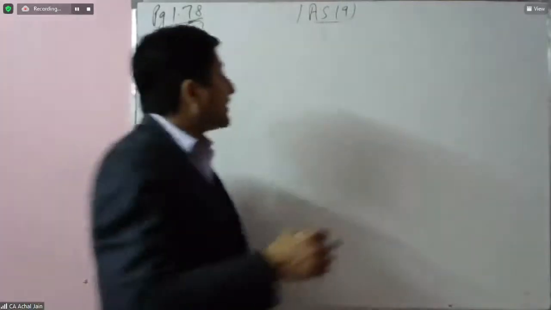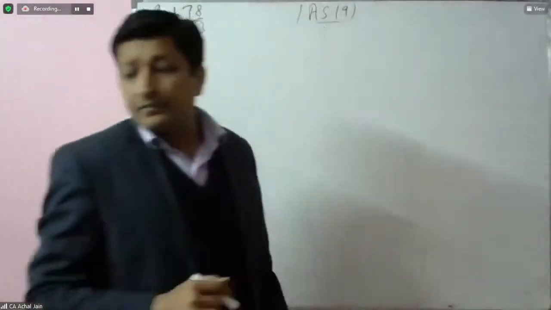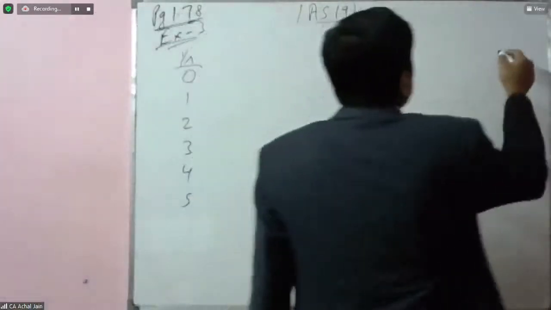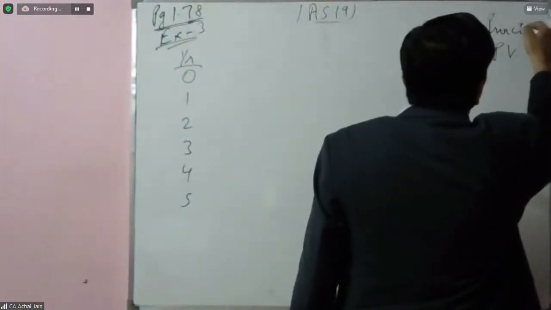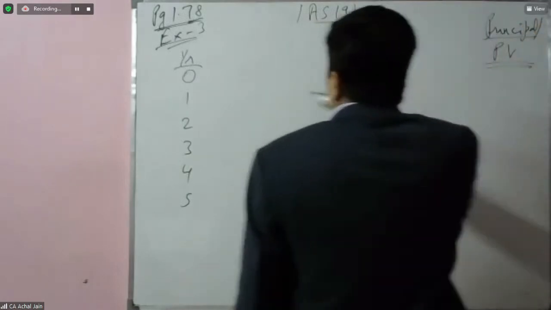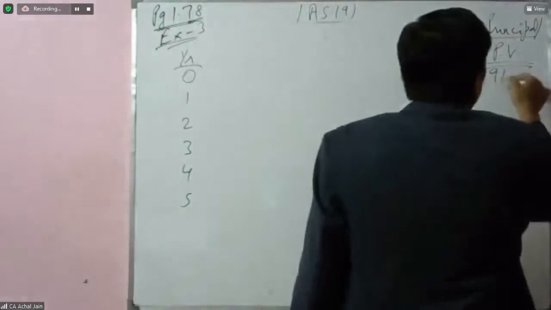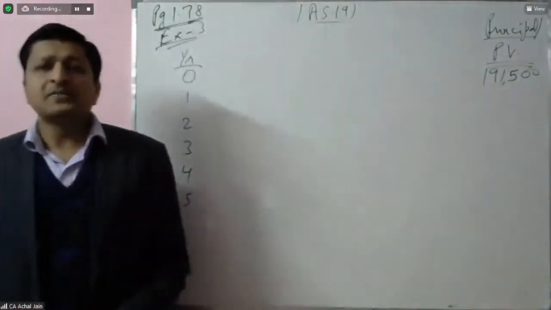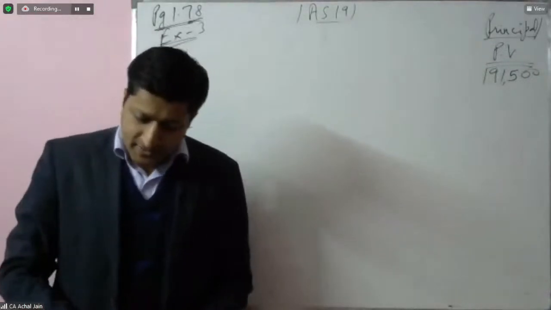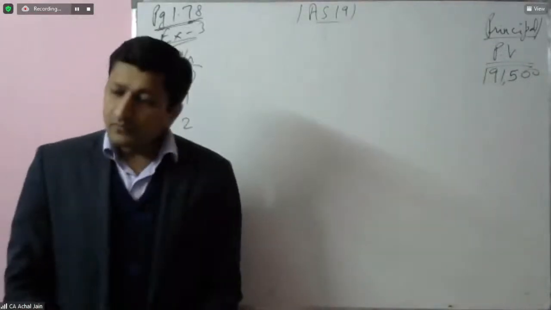We have an amount equivalent to 1,91,500. You can say it's the present value or the principal. That's the amount with which we start. Correct?